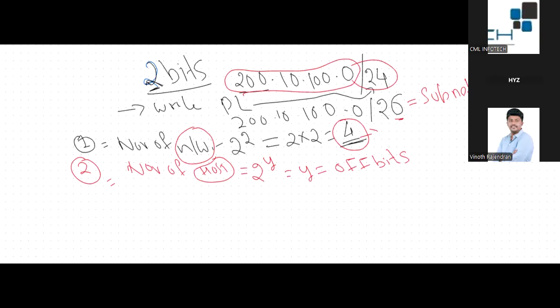What is the total number of bits in an IP? 32. How many are on? 26. So how many are off? The remaining, 6. So y is the off bits, which is 6. So 2 raised to y is 2 raised to 6, 2 multiplied 6 times. How much does it come to?